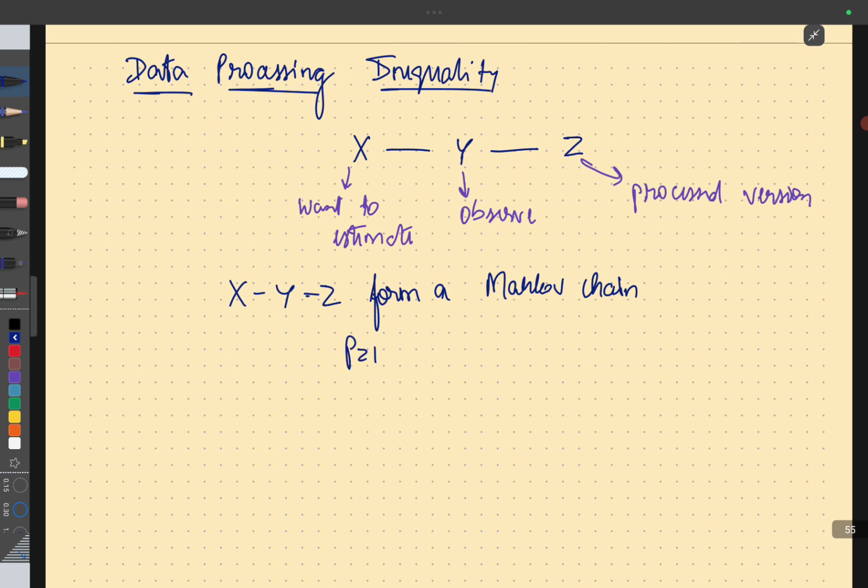So the distribution of Z given X and Y is the same as the distribution of Z given Y. So conditioned on Y, X and Z are independent of each other. So if X, Y, Z form a Markov chain, Z, Y, X also form a Markov chain.